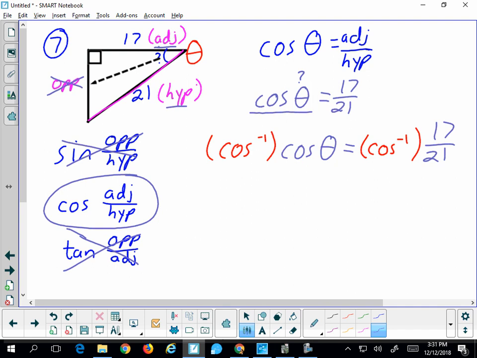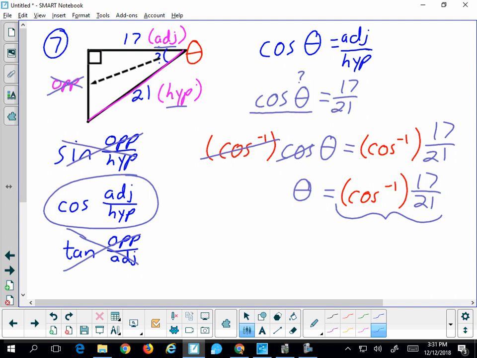On the left side, your inverse cosine and your cosine are going to cancel each other out, just like all your other opposite operations do. So that's going to leave me with theta is equal to inverse cosine of my ratio, 17/21. This is what we're going to use when we know our full ratio. We know our two sides, but we're trying to solve for the angle measure.